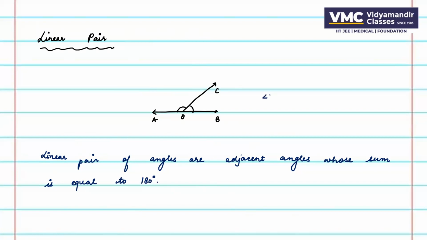So we can say here angle AOC and angle BOC is a linear pair. Which actually means that the sum of angle AOC and angle BOC is 180 degrees.